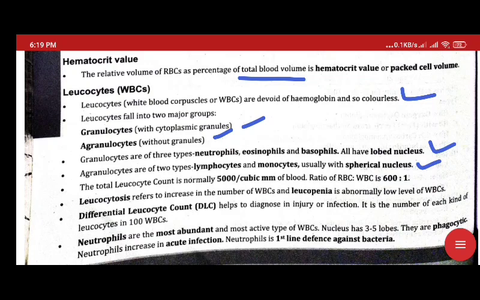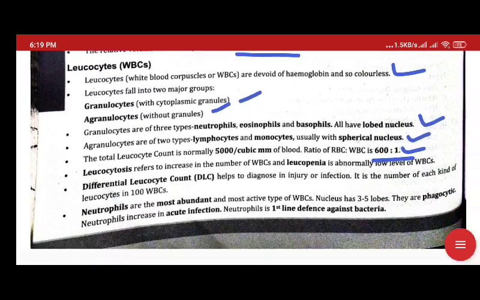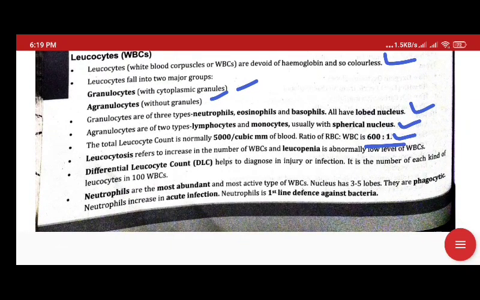Its normal count is 5,000 to 8,000. The ratio to RBC is 1 to 600. Leukocytosis means increase and leukopenia means decrease.